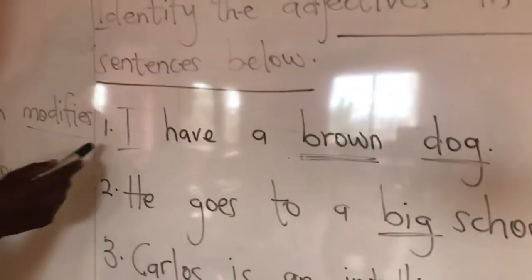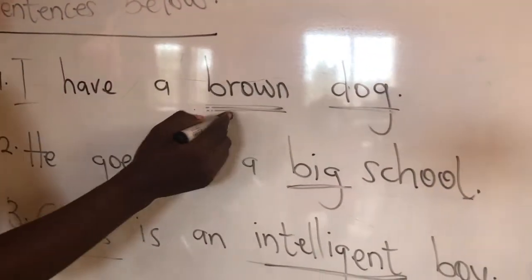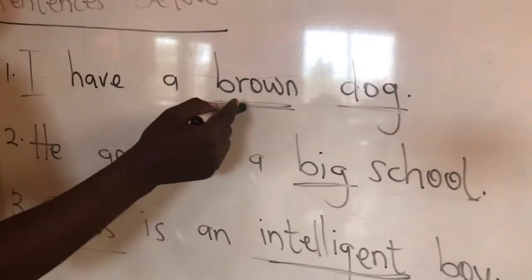Let's quickly go through the examples again. The first one was, I have a brown dog.